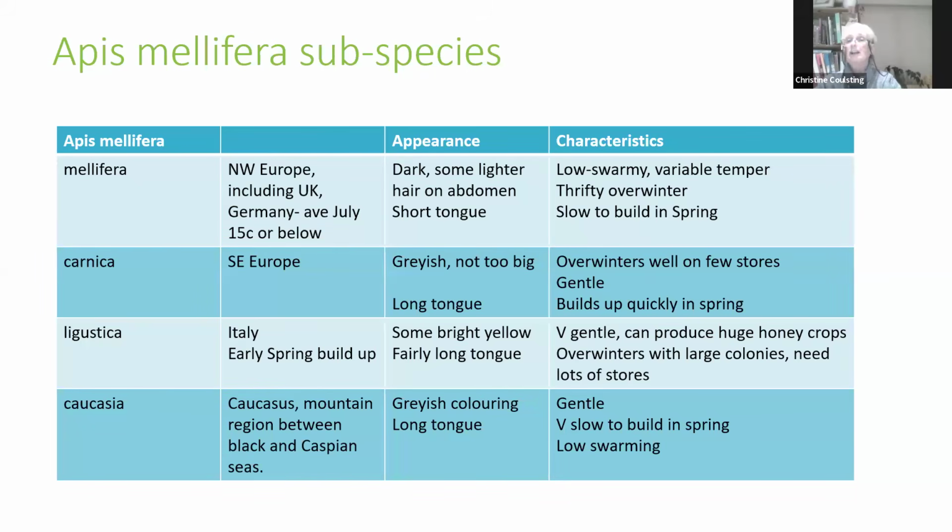They can produce huge honey stores, but they overwinter with large colonies, and so that can be a problem. They need lots of stores over winter. Carnica overwinters well on fewer stores, and they're gentle and build up quickly in spring, and that seems to work much better for us.